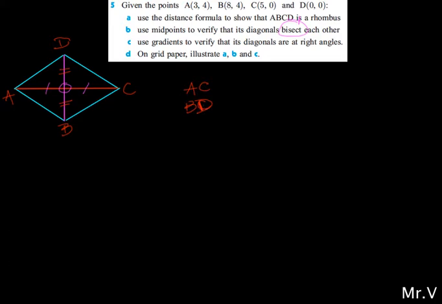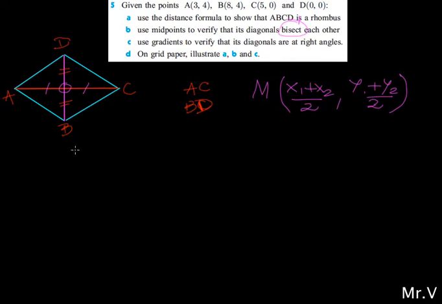So now let's find out the midpoint of each one of those diagonals. So the midpoint formula, if I remember, is x1 plus x2 over 2 for the x coordinate, and y1 plus y2 over 2 for the y coordinate.